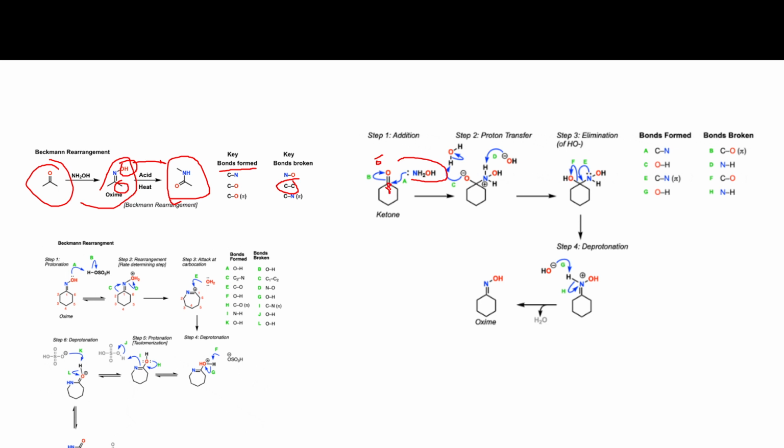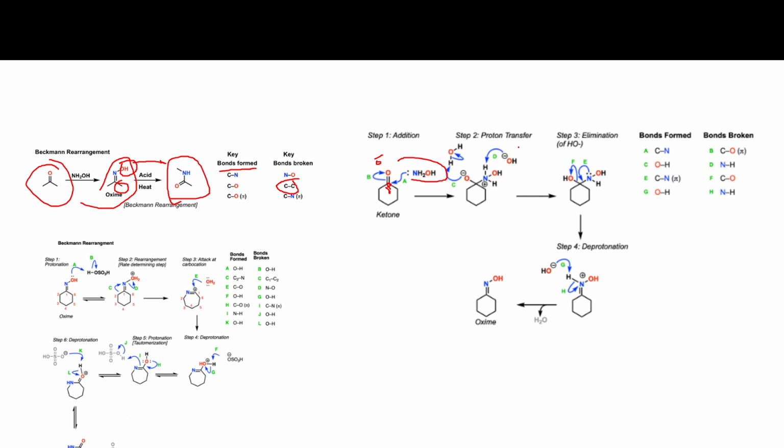So any nucleophile can attack this position. Your hydroxylamine, where the nitrogen has the lone pair, will attack. When it attacks, the carbonyl double bond is broken, so it becomes CO minus. And now your NH2OH becomes N plus, OH, H2.